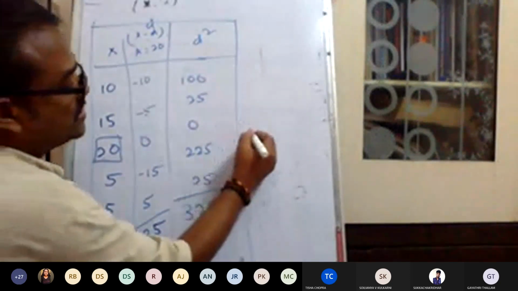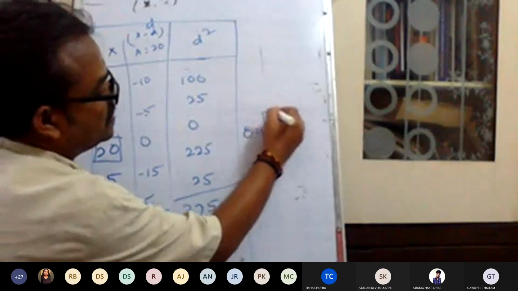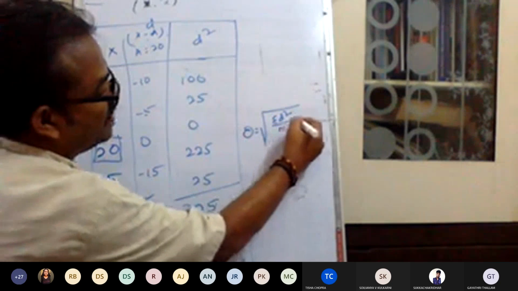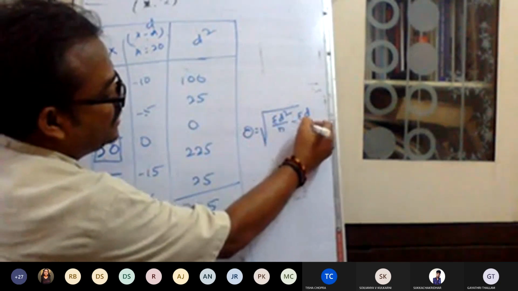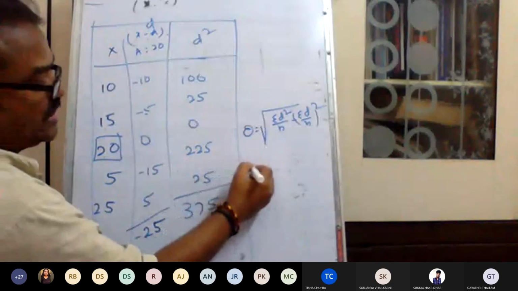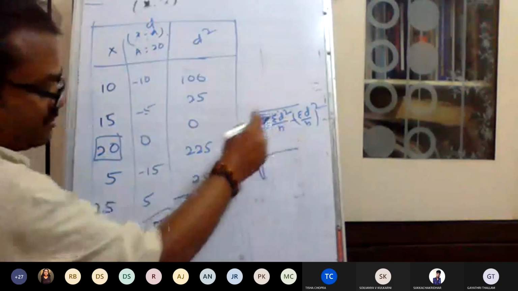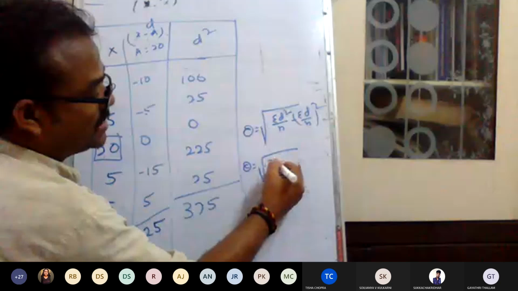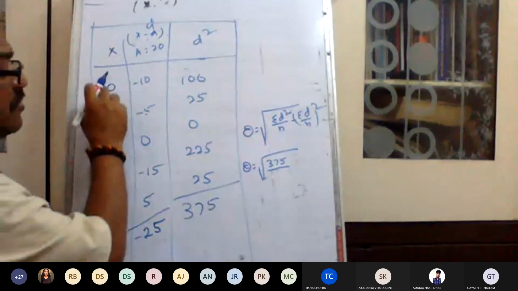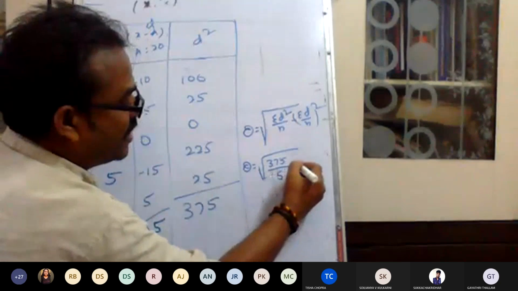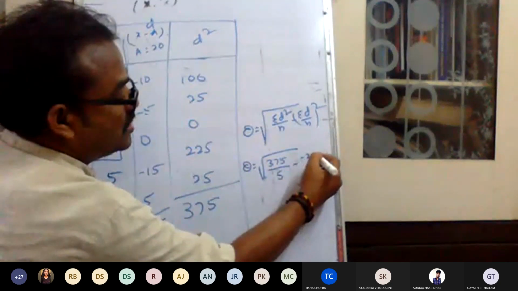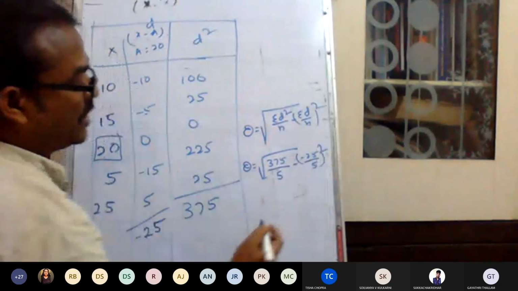What is the formula? Standard deviation is equal to root of sigma d square divided by n minus sigma d by n whole square. So standard deviation is equal to sigma d square 375 divided by 5, minus sigma d, minus 25 divided by 5, whole square.